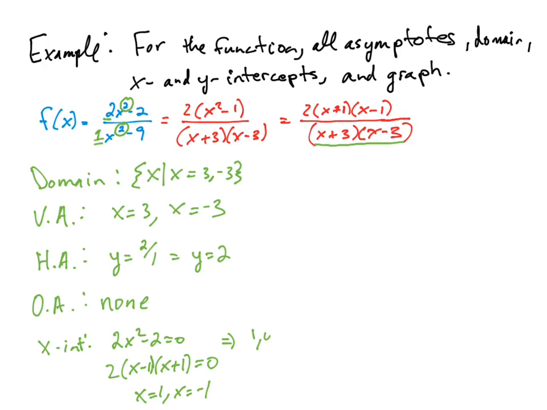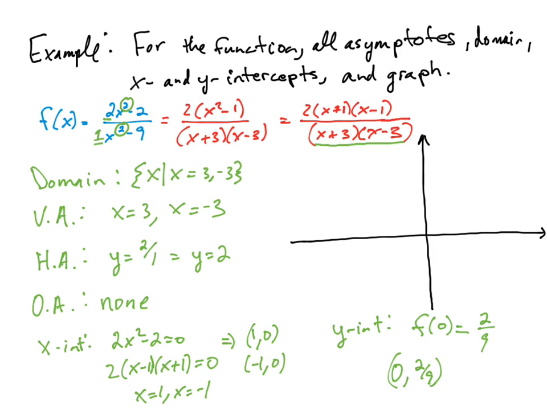So we would say (1, 0) and (-1, 0). Those are going to be the x-intercepts. And then for the y-intercept, I'll do it down here. For the y-intercept, we evaluate f at 0. So we input 0. And when we do that, we're going to get -2 over -9, which is 2/9. So the y-intercept is going to be (0, 2/9) here.